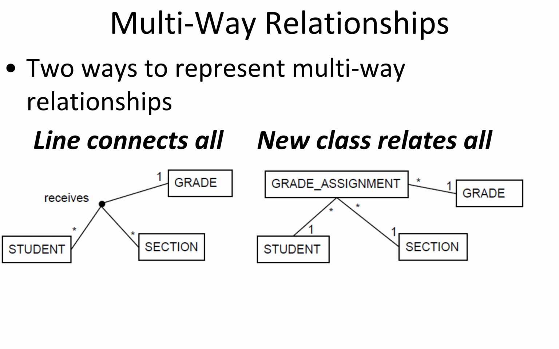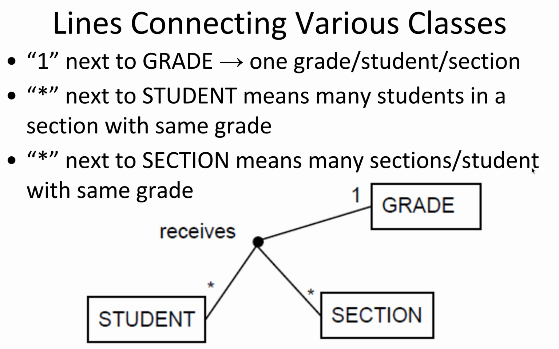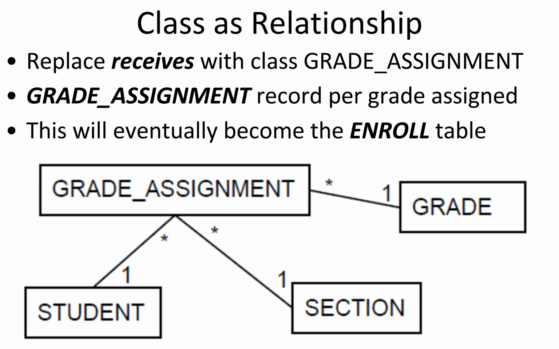All right, so those are all foreign keys pointing to primary keys on each one of these. There's only one grade, and that's just a unique value, A minus, B plus, B minus. So those are all unique primary keys. And then the stars say that there are several students and several sections that participate in each one of these relationships. Okay.